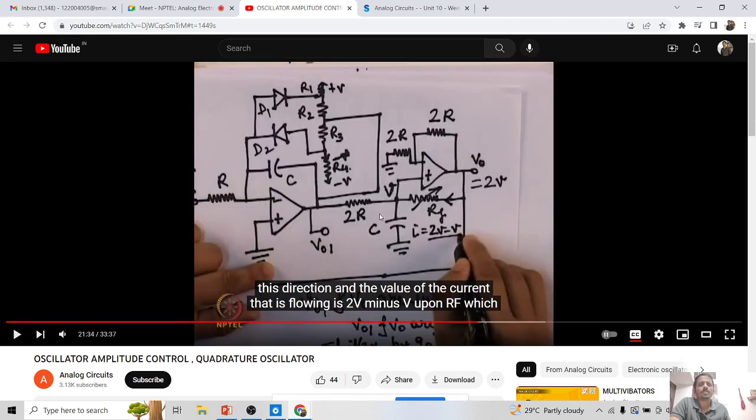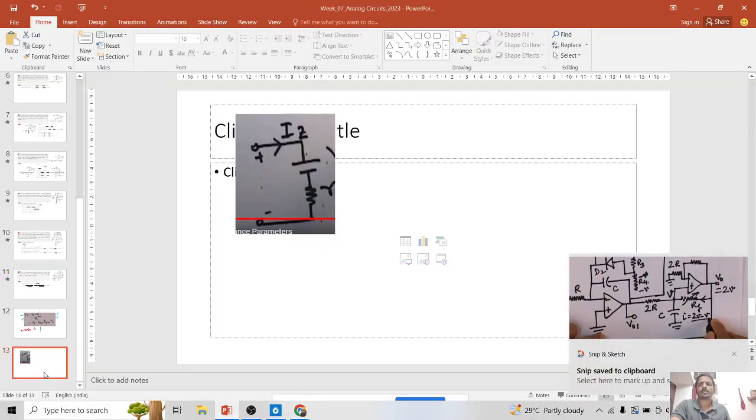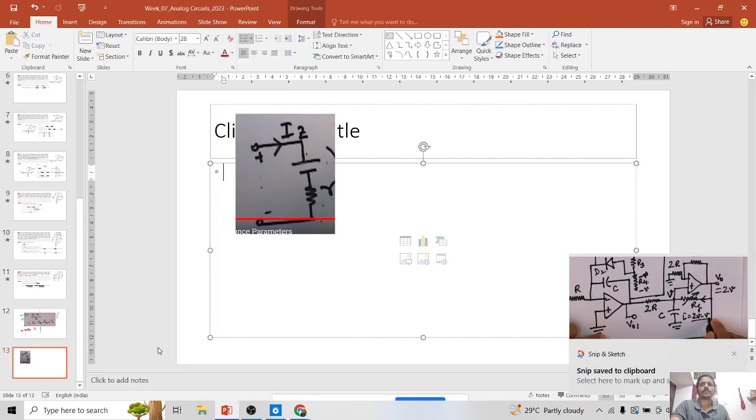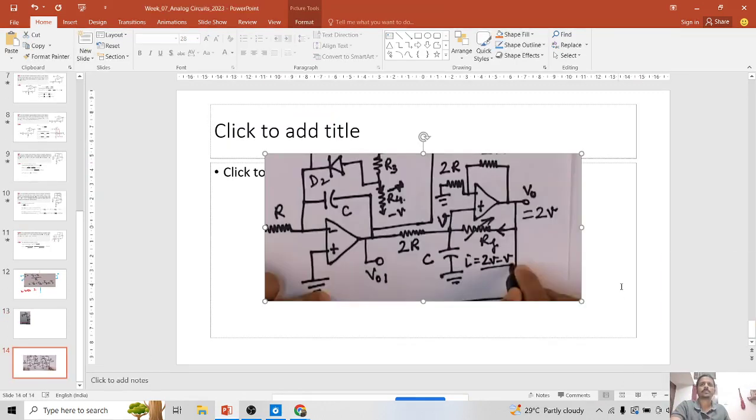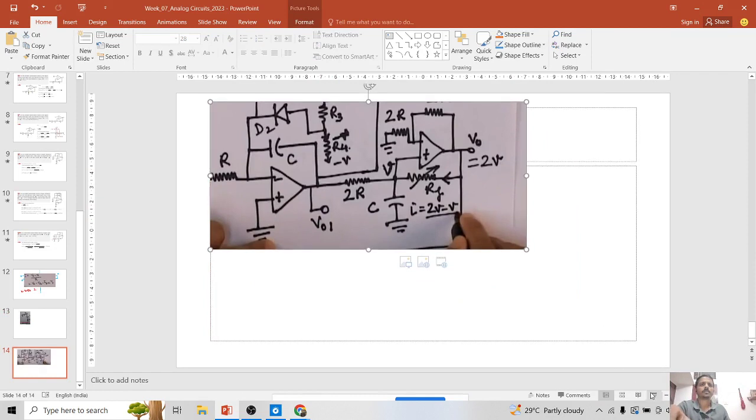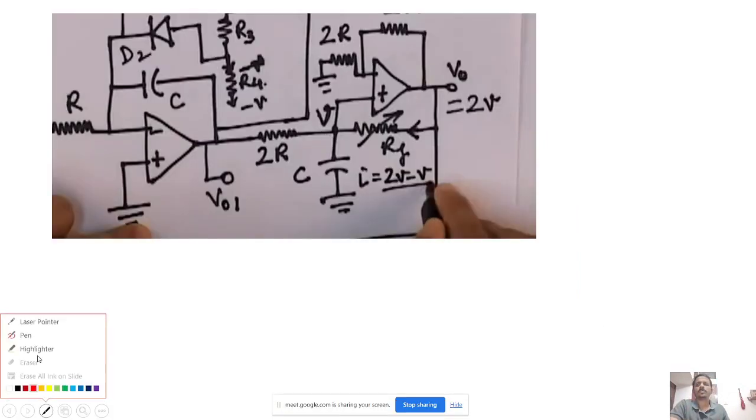Negative resistance to this input, right? So, I'll just take another state. So with respect to this input, he has considered RF, right? With respect to this input, RF is negative, right? So if I have applied one voltage here, the current should have gone in this direction, right?